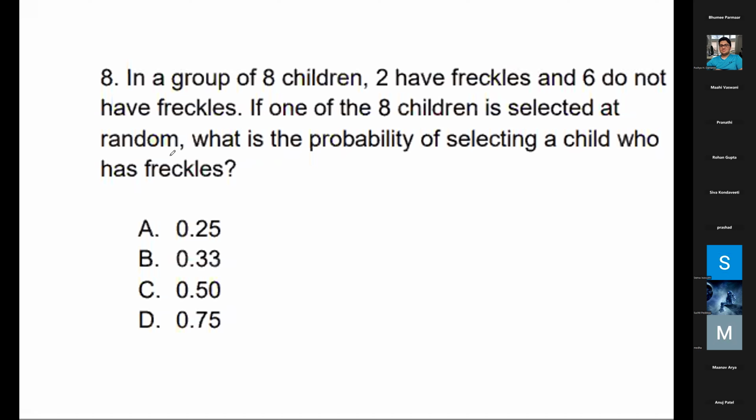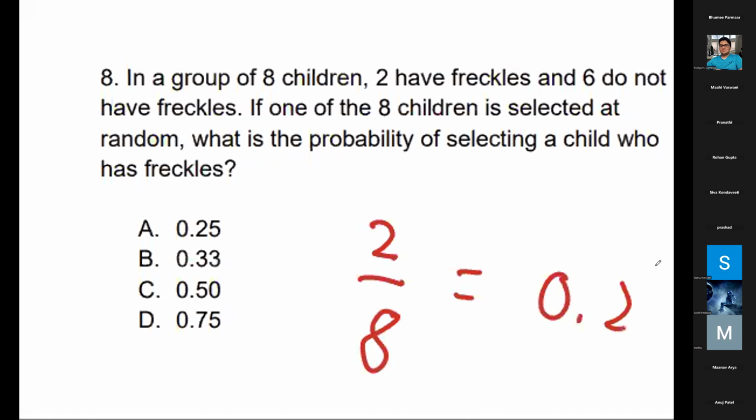So if one of the 8 is selected at random, what's the probability of selecting one that has freckles? So that's just 2 have freckles out of a total of 8. So 2 out of 8 is equal to 0.25. So the correct answer is A.